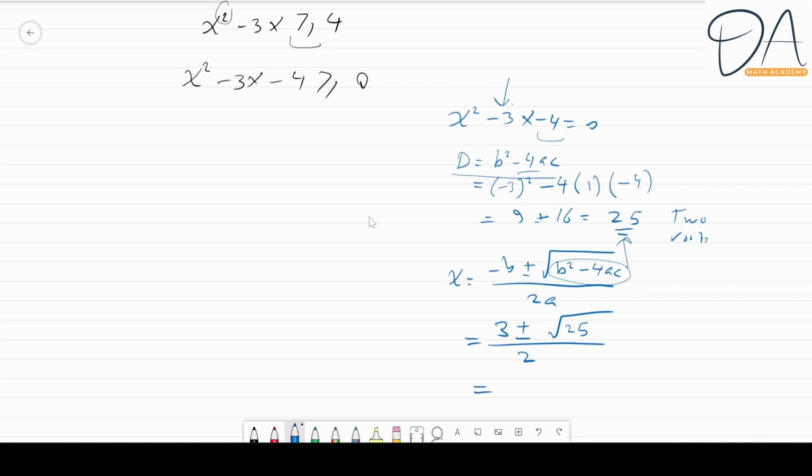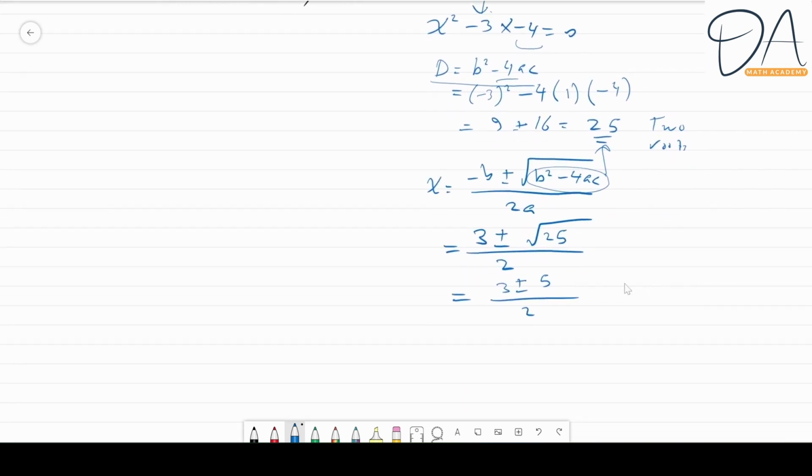Then we'll have 3 plus or minus 5 over 2. And so we'll get x: 3 plus 5 is 8, 8 divided by 2 is 4. So this gives us 4. Or 3 minus 5 is minus 2, divided by 2 gives us minus 1.